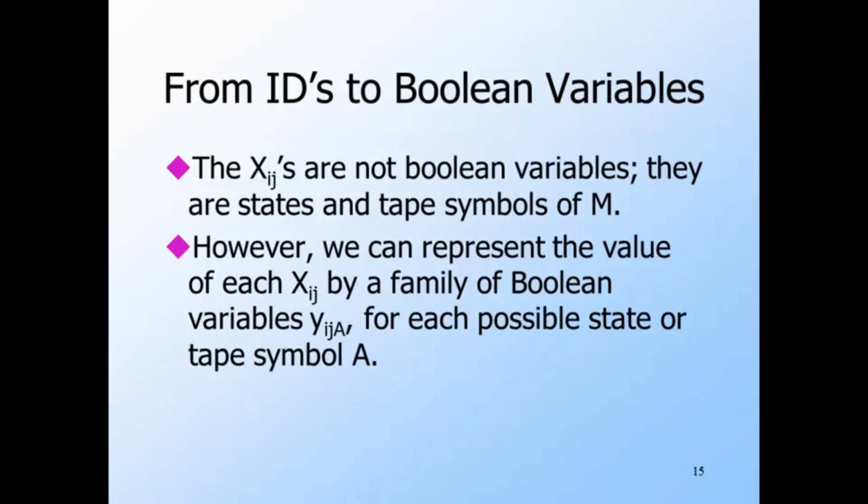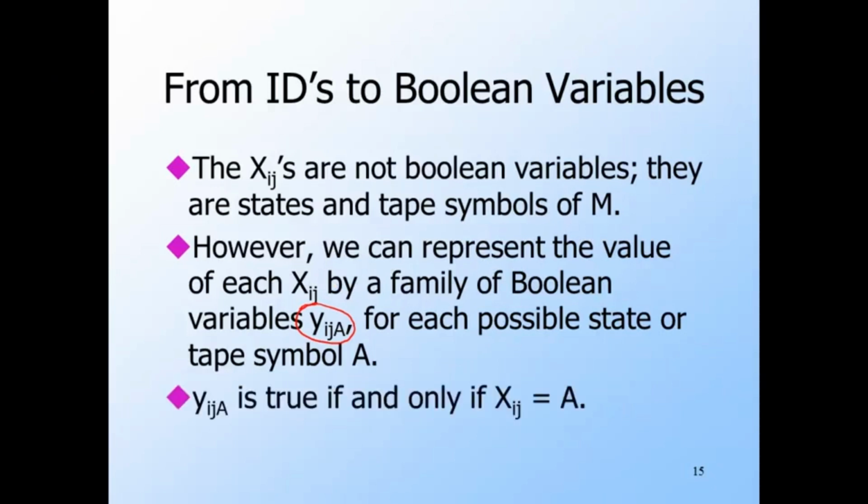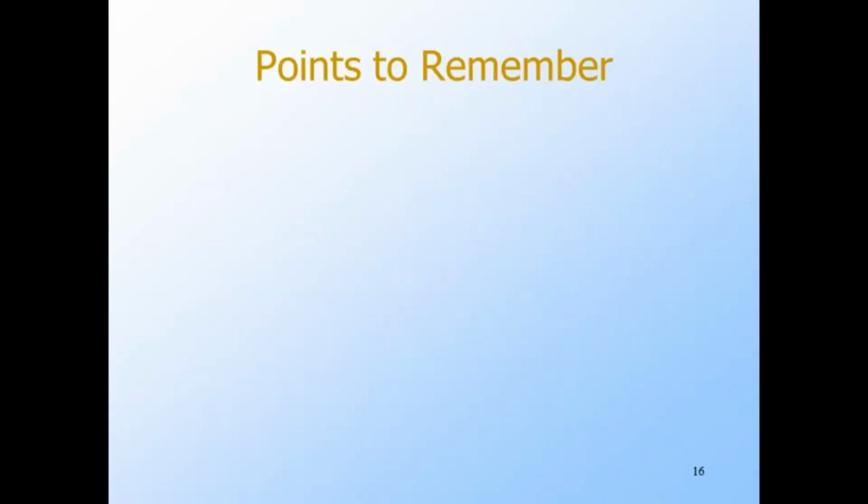That is, for each state or tape symbol a, let y sub ija be a propositional variable, and we want y sub ija to be true if and only if x sub ij equals a.